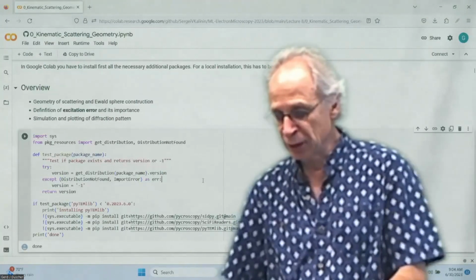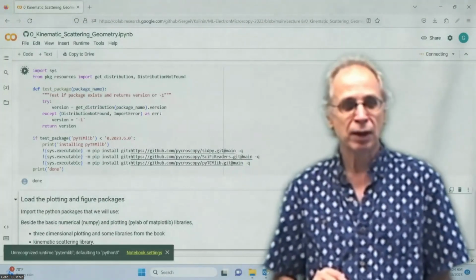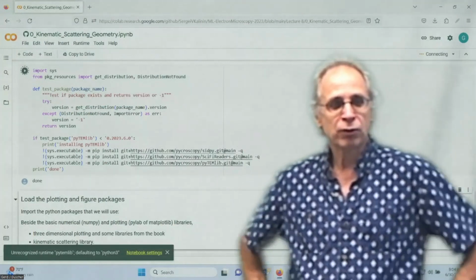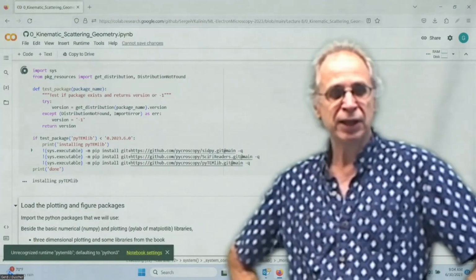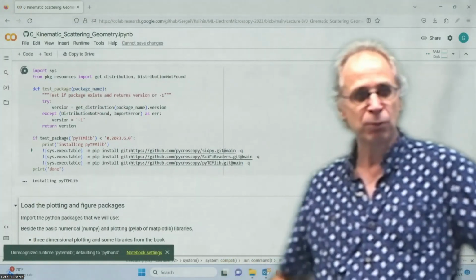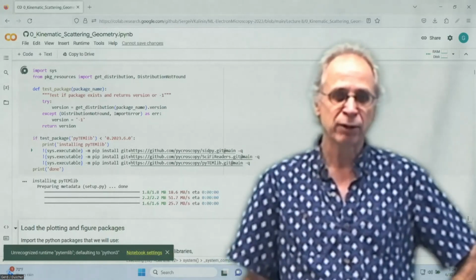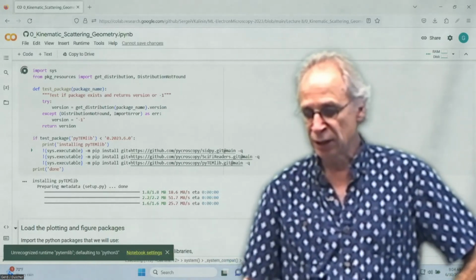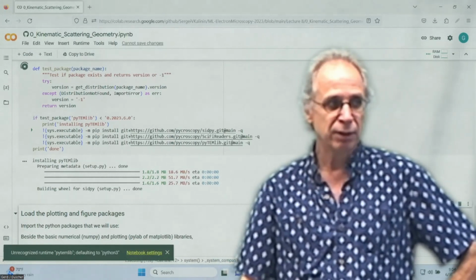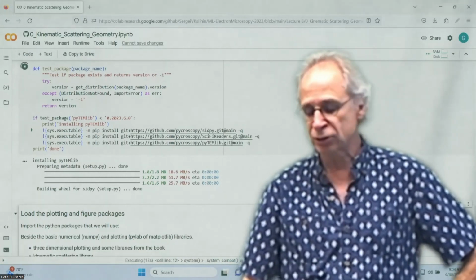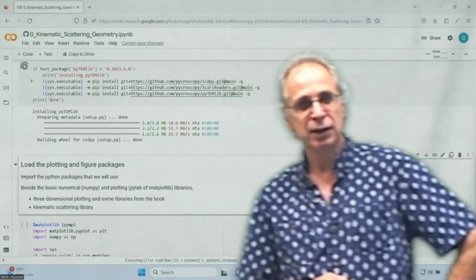And we download all the packages that we need. Most important, PyTemlib. PyTemlib is a microscopy package that gives you most of the data analysis techniques.